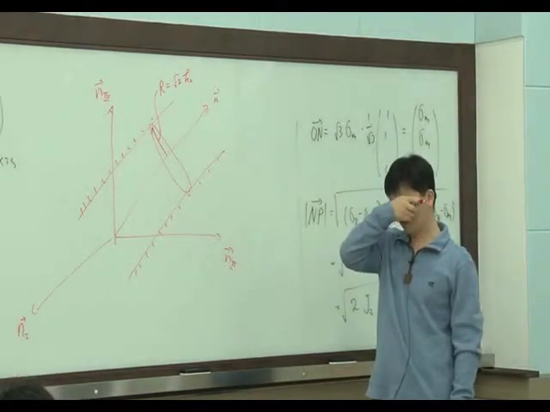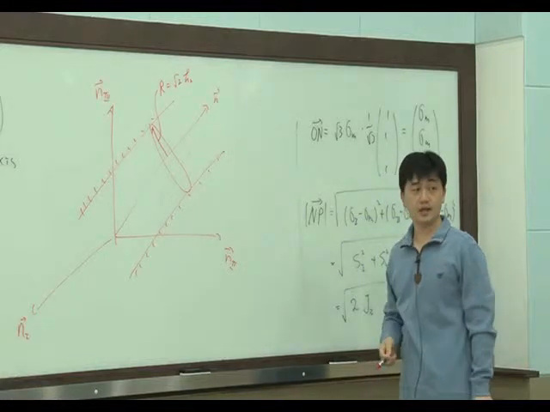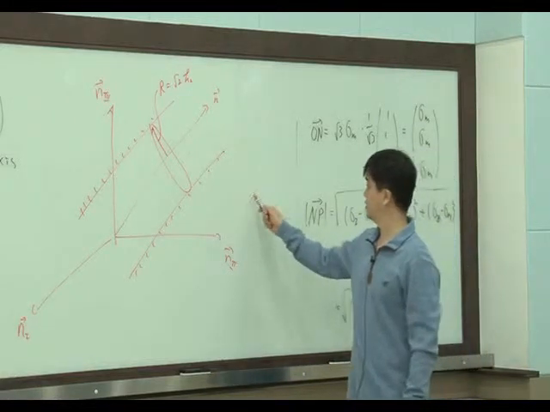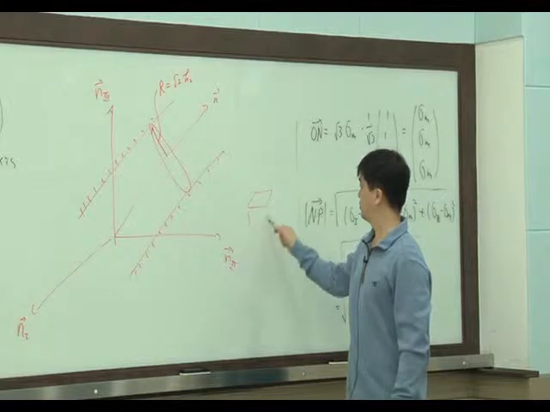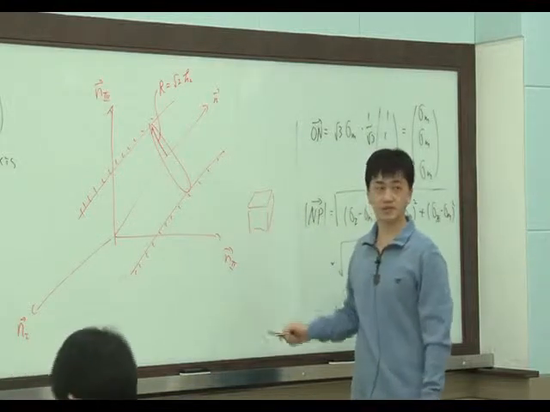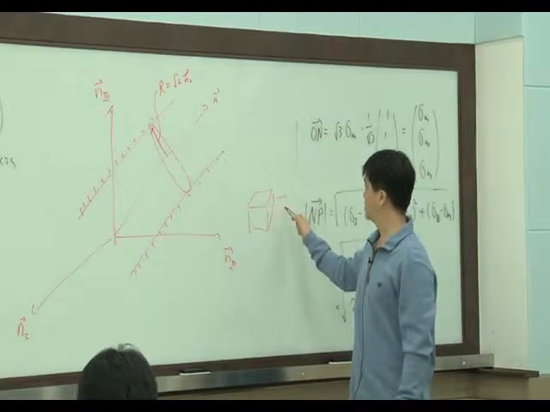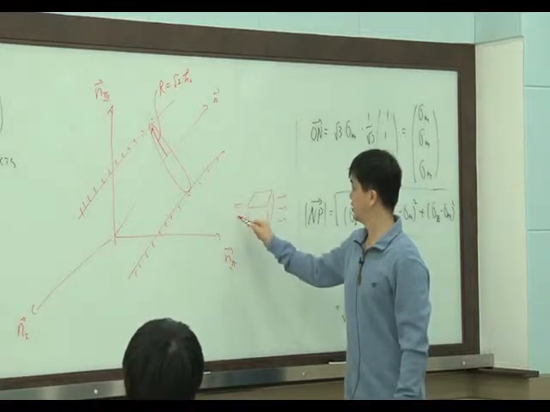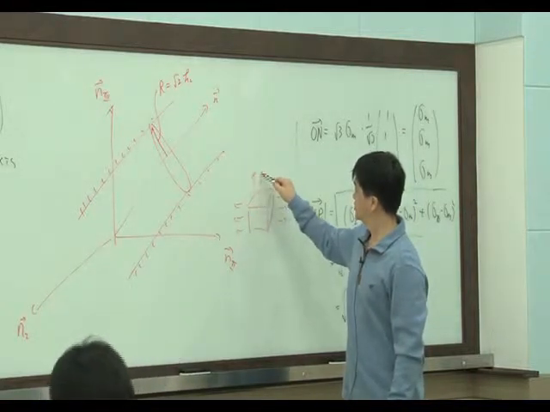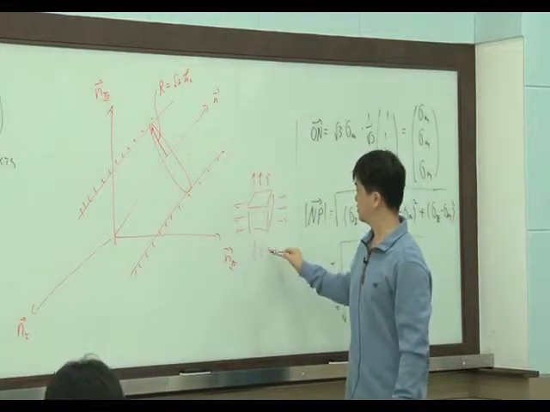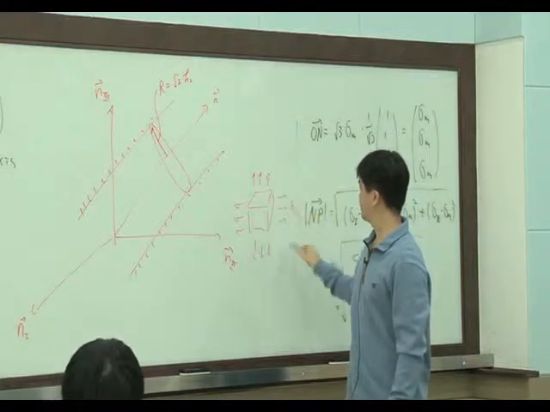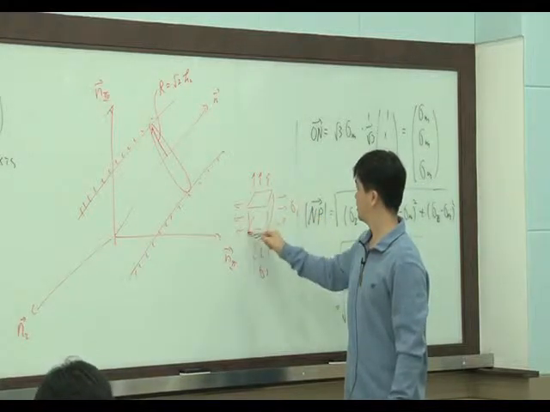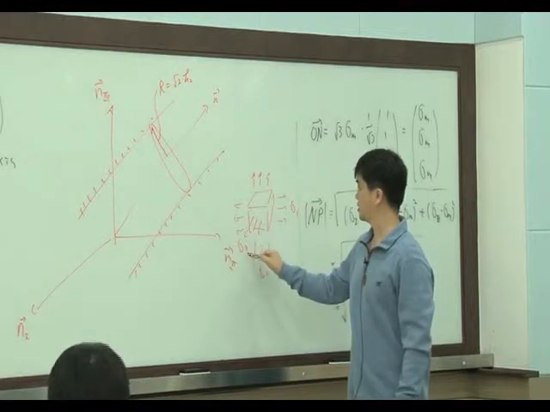So long times ago, von Mises did a lot of experiments by giving three-dimensional stress, sigma 1, 2, and here sigma 3.